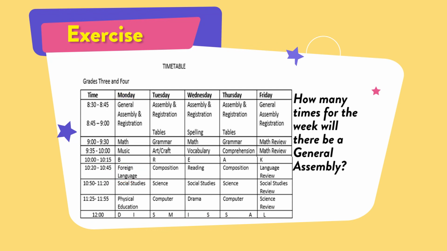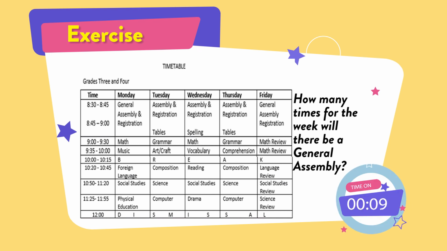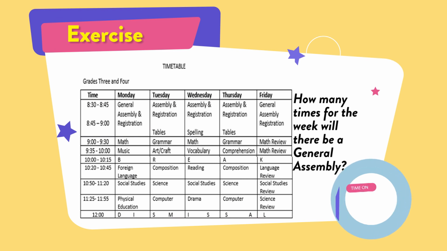Now, how many times for the week will there be a General Assembly? Can you count how many times there will be a General Assembly? To find this information, you need to look through each day and see if there is a time allocated for General Assembly. So let's count.